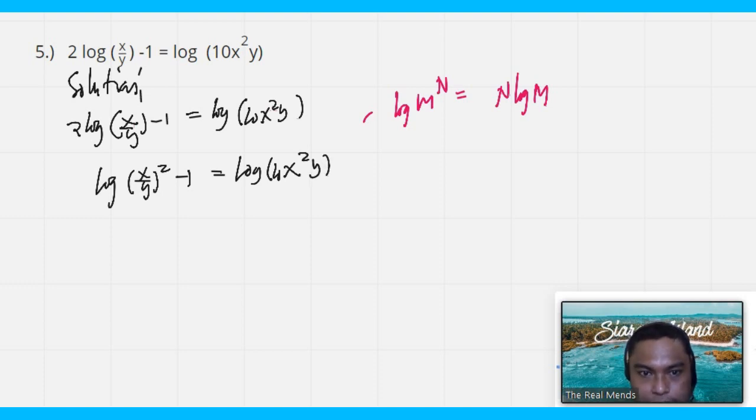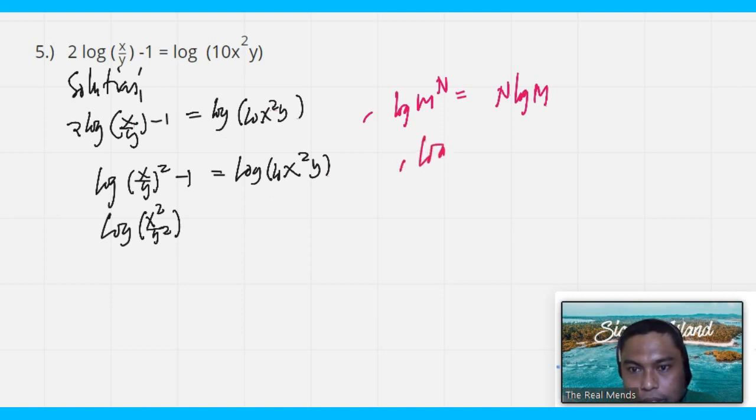Then simplify this one, or just simply distribute. So this will be log of x squared over y squared. And then we all know that if we have log base 10 of 10, it is just equal to 1.